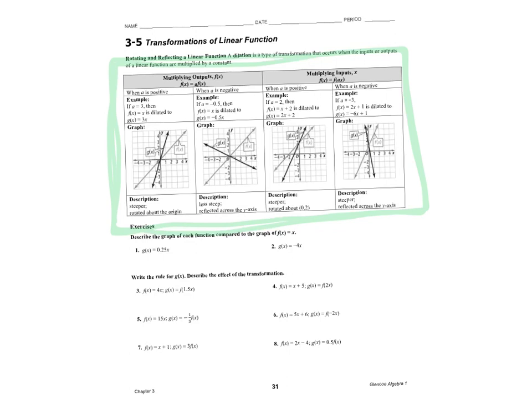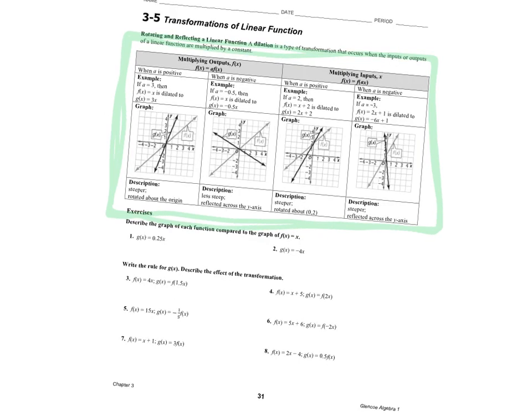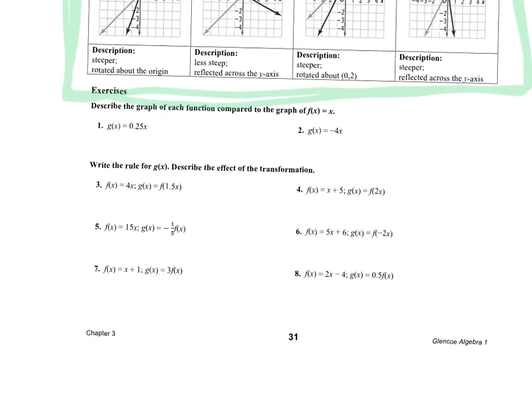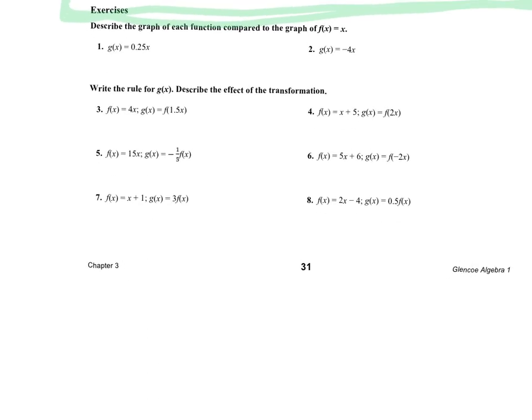And what will these numbers do? Is my graph going to get steeper? Is it going to get not as steep? Are we going to reflect it across the origin? Are we going to rotate it? What are we going to do? All fun stuff. So the green thing, refer back to that. That's your cheat sheet to help you with all this.